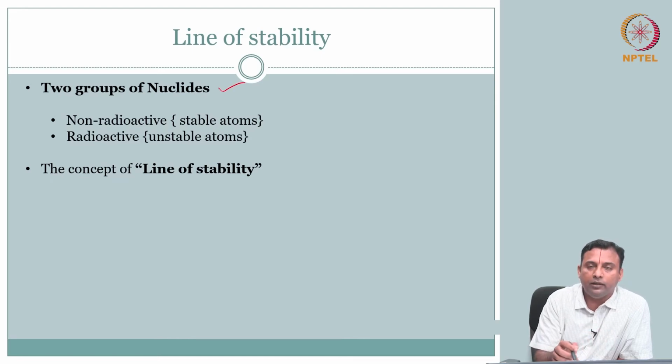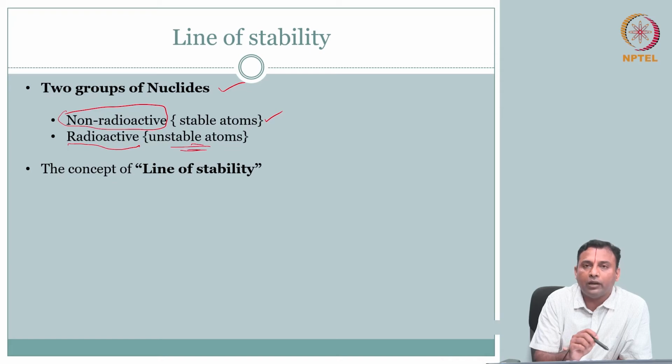One is stable, the other is unstable. The stable ones are considered non-radioactive. We are more interested in the radioactive case, or rather, these unstable atoms. So now the question is, what kind of atoms.